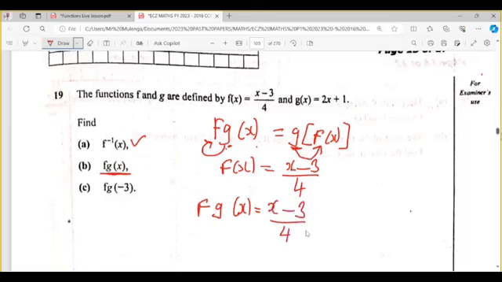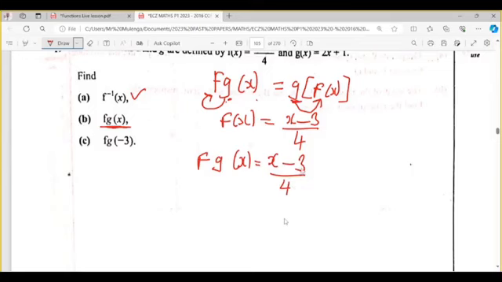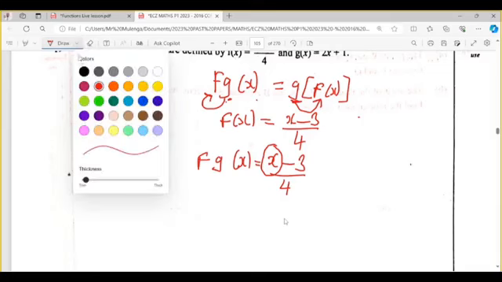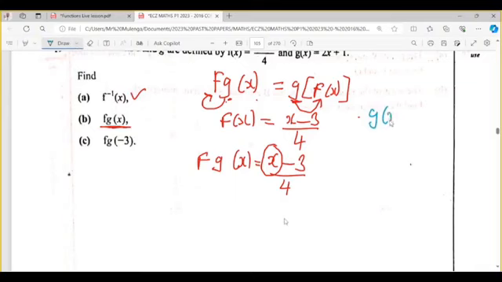Now, what does this mean? On this function of f, where there is x, we are going to substitute the function of g. We have seen the function of g: g(x) equals 2x plus 1.